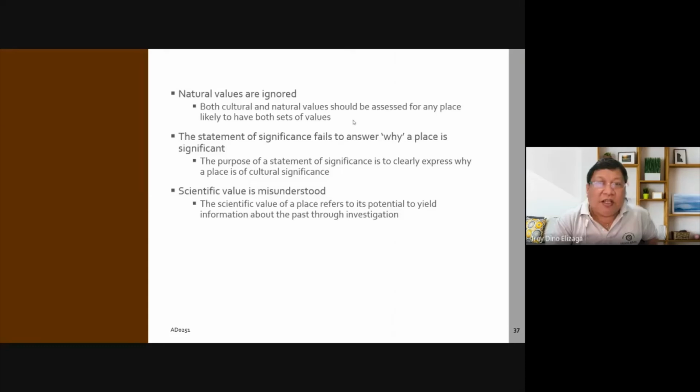Natural values are ignored. Just like some intangibles, natural things too, because again we get used to our surroundings. We get used to the view, we get used to the tree, we get used to anything around us, and that's why sometimes we need to invite outsiders to tell us what they notice.